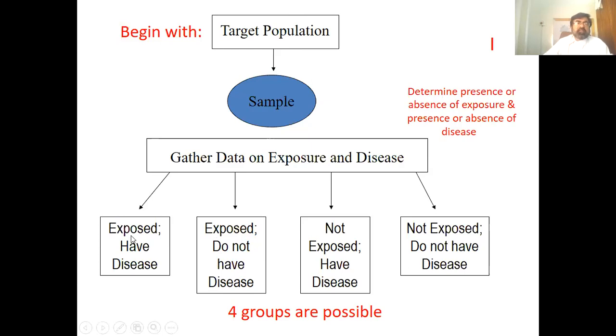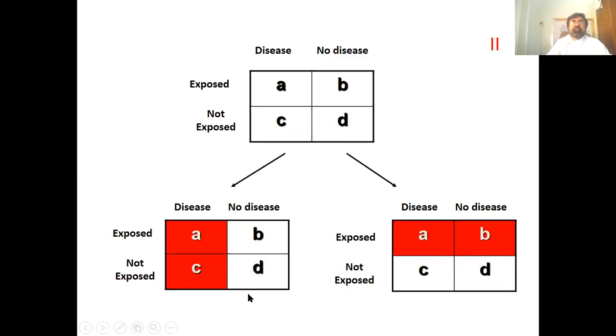As I have already discussed: a group of people exposed to the risk factor who have the disease, a group who were exposed but do not have the disease, a group who are not exposed to a certain factor but still have the disease, and the fourth, a group who are not exposed and don't have the disease. 4 possible groups are there.